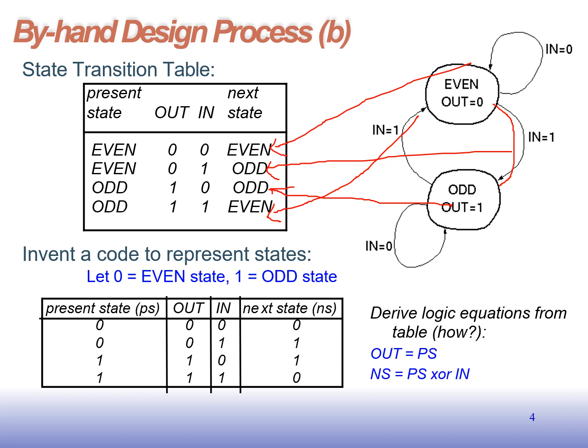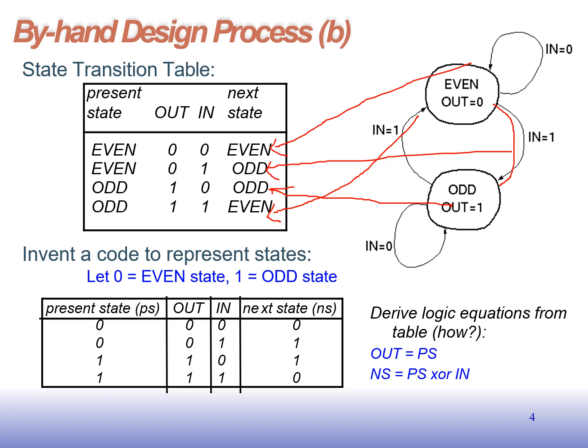So now the state, input, output and next state can be derived from the state transition table. Here 0 means even state, 1 means odd state, so the present state and the next state can be represented by numbers. If the present state is 0, depending upon the inputs, what will be the next state? 0. So the states can be represented by bits.